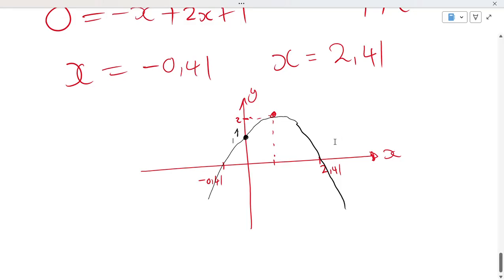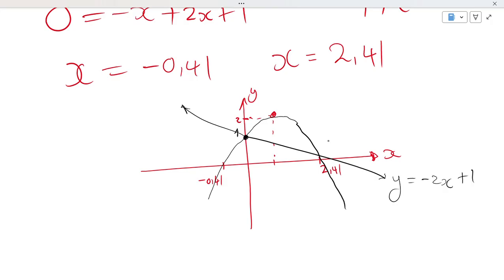So now here's where they know they have you by the collar. They're going to put a straight line somewhere here. They're going to put a straight line here and say this is y equal to negative 2x plus 1.